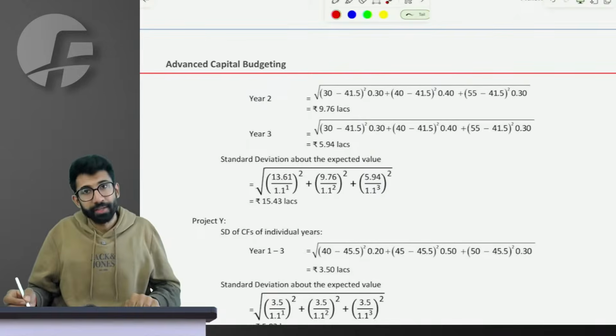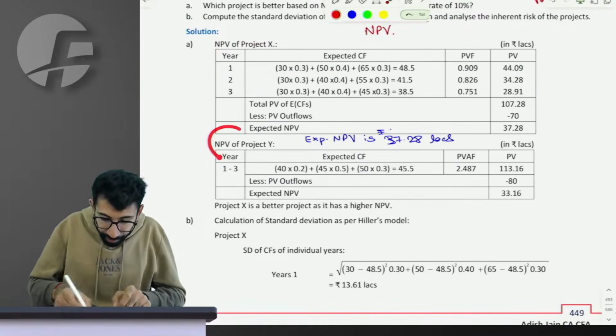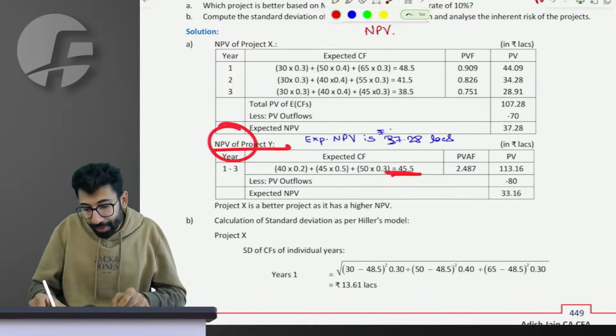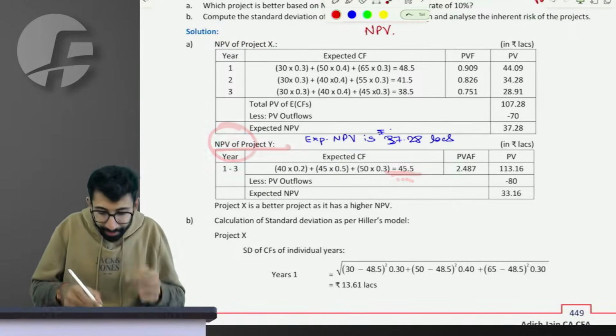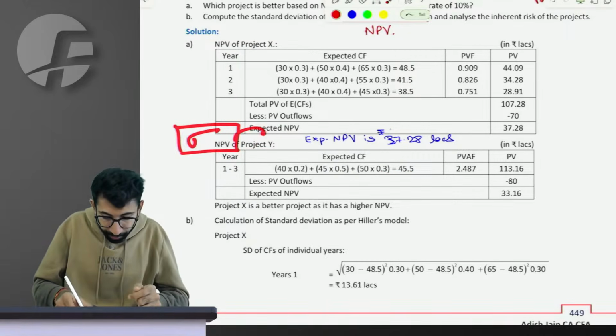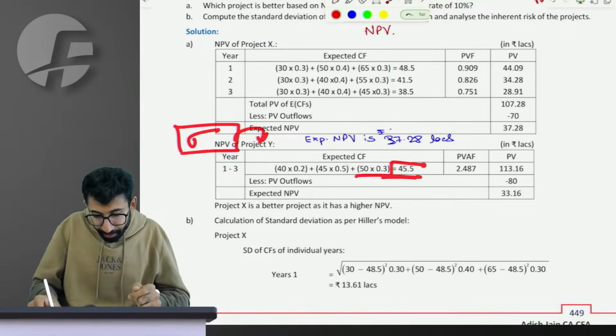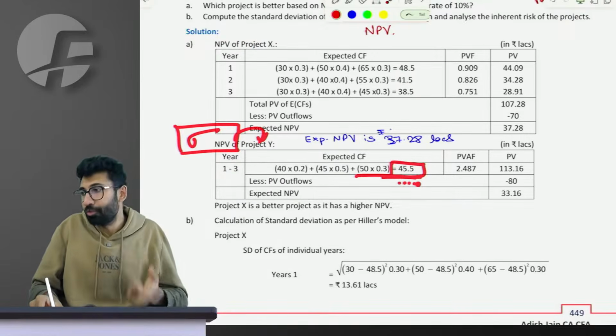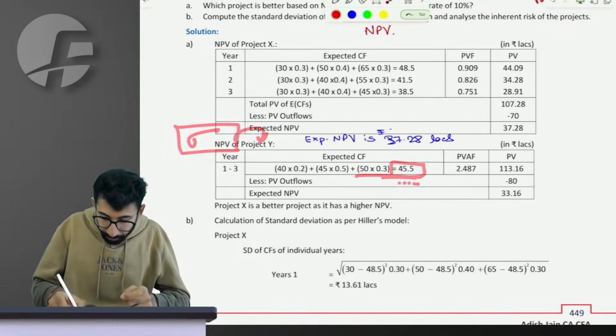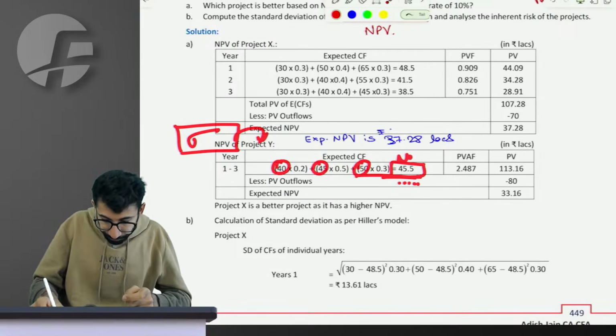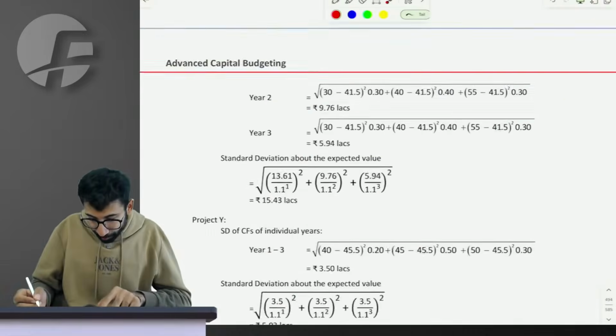Yes, sir. Next is calculating the standard deviation of NPV of project Y. But before that we need the standard deviation of cash flow. Sir, these are the possible cash flows where expected is 45.5.